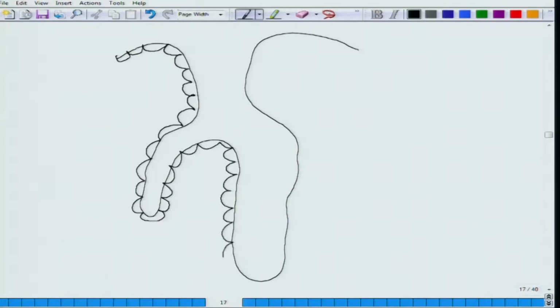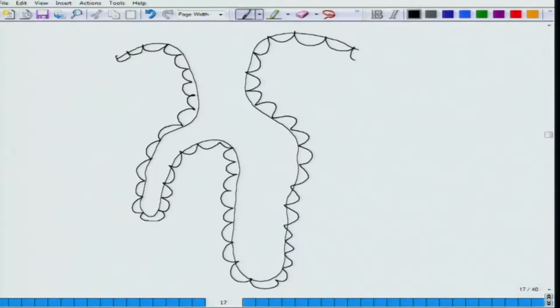So, these are the cellular lining which form the gastric pits, and underneath the gastric pits you have another series of cells which form the supporting cells to the gastric pits. These are the nucleus.